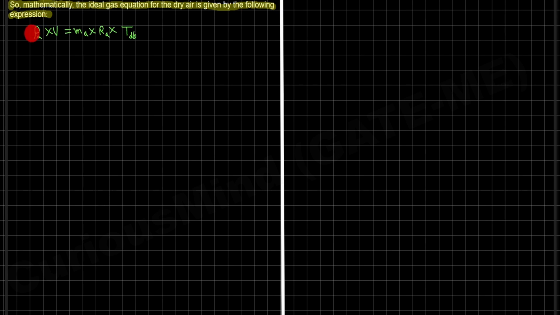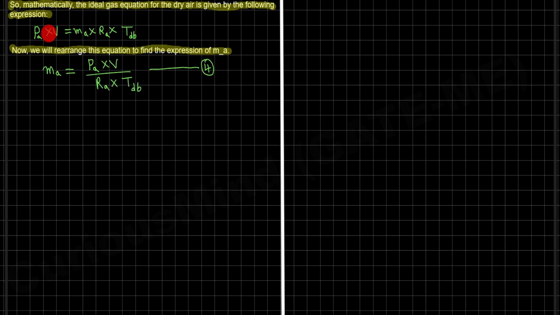So we have applied the ideal gas equation to the dry air component of the moisture in the room. Now, we will rearrange this equation to find the expression of Ma. After rearranging this equation, we have the expression of Ma, which is the mass of the dry air in the room, and it's given by this equation 4.